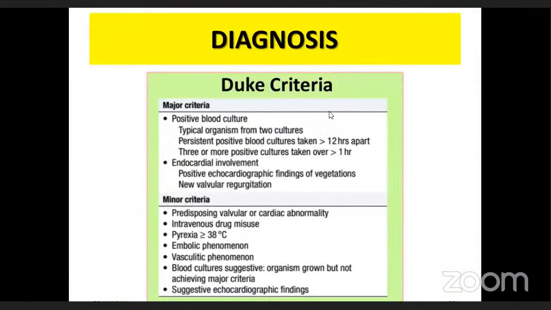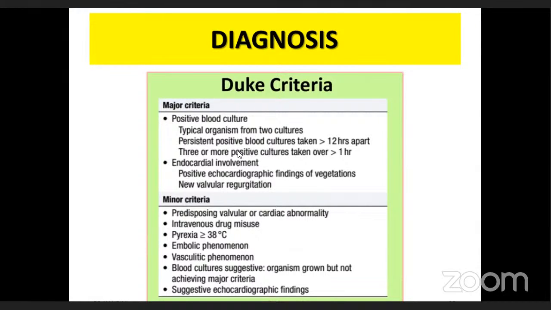And how do you diagnose infective endocarditis? Whereas in rheumatic fever you had the Jones criteria, in infective endocarditis you have the Duke's criteria. Again, you classify it as major criteria and minor criteria. In the major criteria, look for positive blood culture. In positive blood culture, it can be a typical organism in two cultures, that is, it can be streptococcus or any other organism.